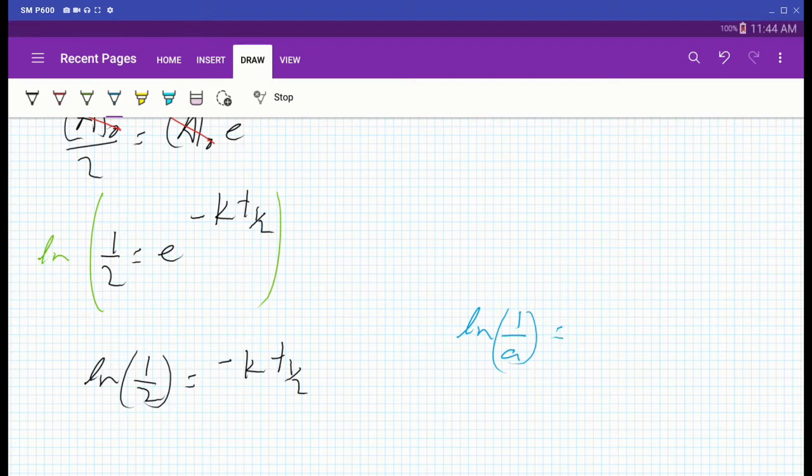Natural log of 1 minus natural log of a. Yep, that's correct. But that can be simplified even further. What is the natural log of 1? That's correct. Natural log of 1 is actually 0. So this simplifies to negative the natural log of a.